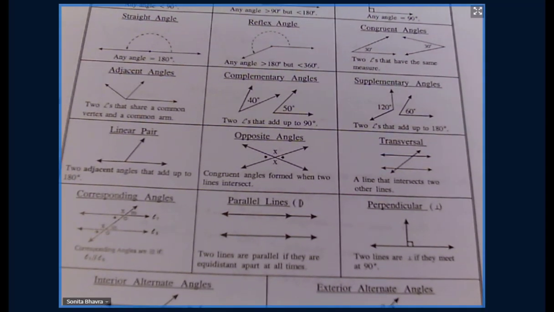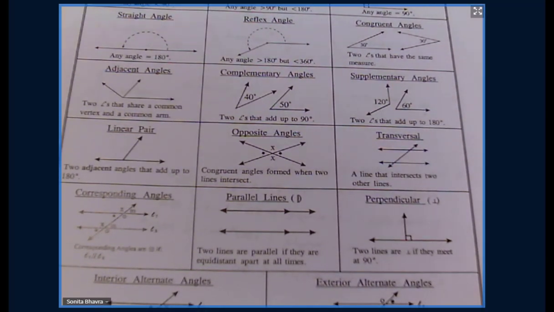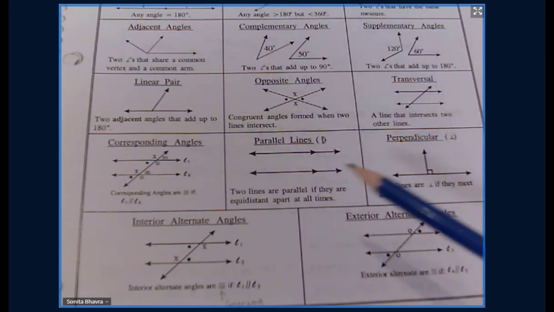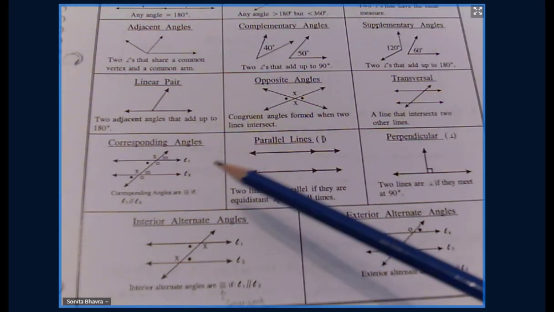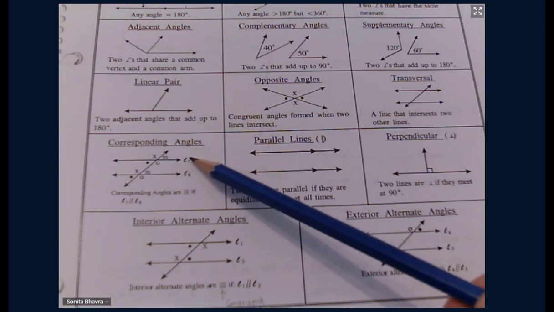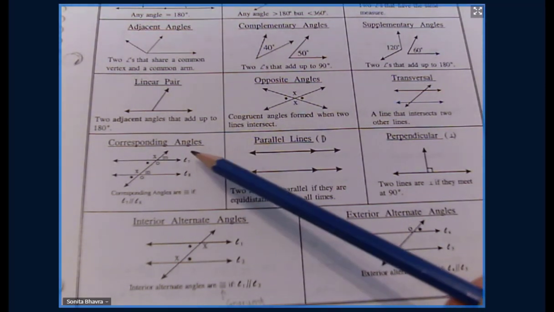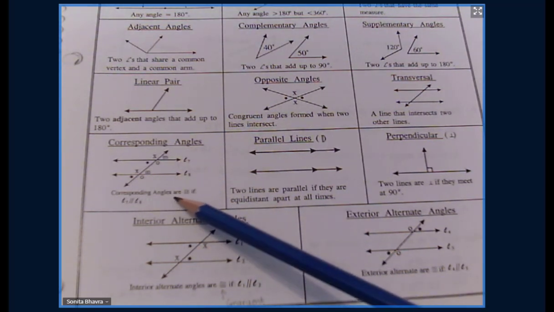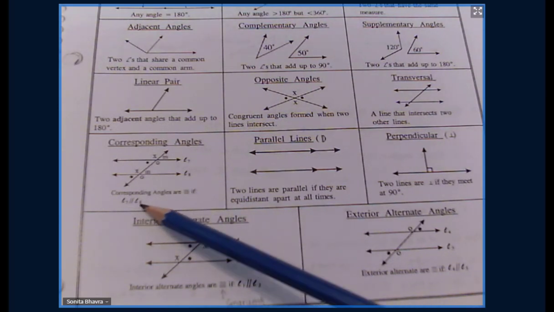The transversal is a line that intersects two other lines. So here's two lines, and this would be the transversal here. All right, that's the line that's intersecting the two other lines. And when that happens, we have names of other angles. So here we have two lines. This is called line 7, this one's line 8, but they are two lines, and it says here they are corresponding angles if line 7 and 8 are parallel.